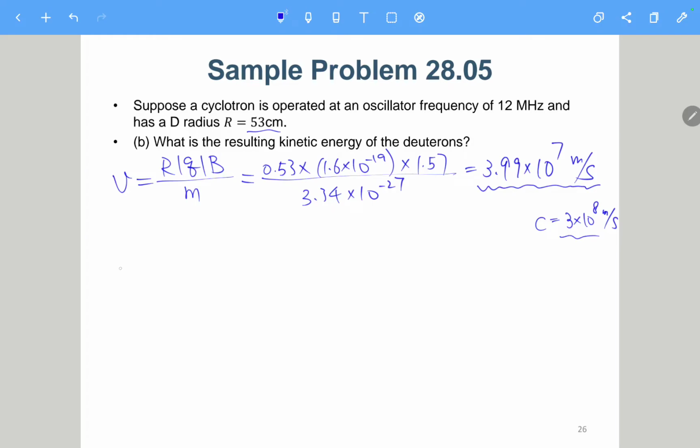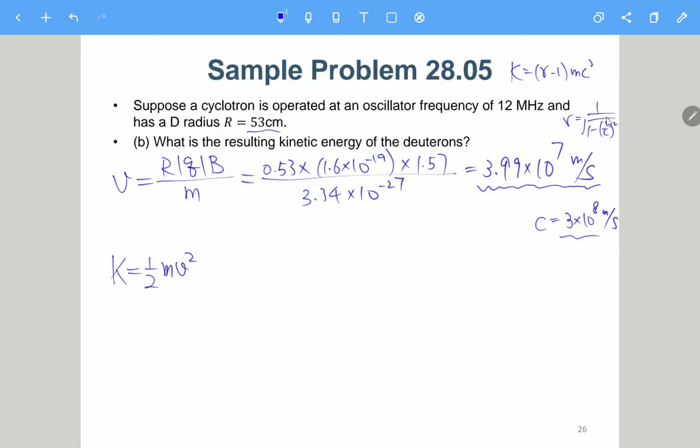So let's see the kinetic energy. We don't consider the relativistic effect here. We just consider the classical effect, so we just use 1/2 mv squared. Otherwise, if we consider the relativistic effect, it should be gamma minus 1 mc squared, where gamma is 1 over the square root of 1 minus v over c squared.